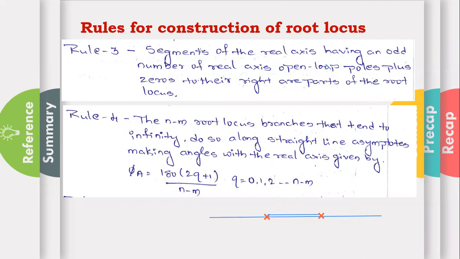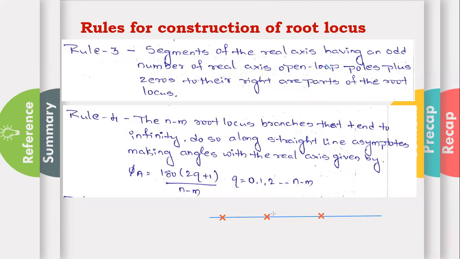Similarly, consider if I have added one more pole over here. Now, this will not be the part of root locus. If I consider this part, so on right side there is only one pole. So this will be the part of root locus.